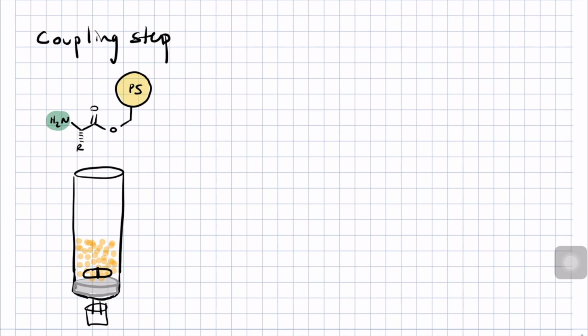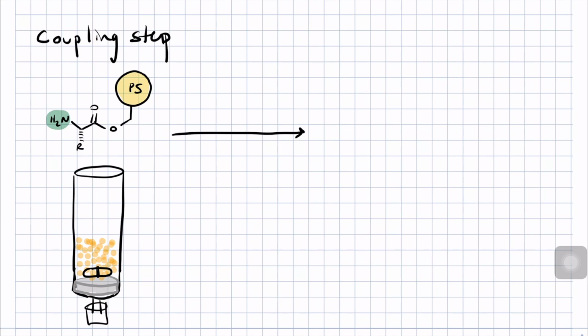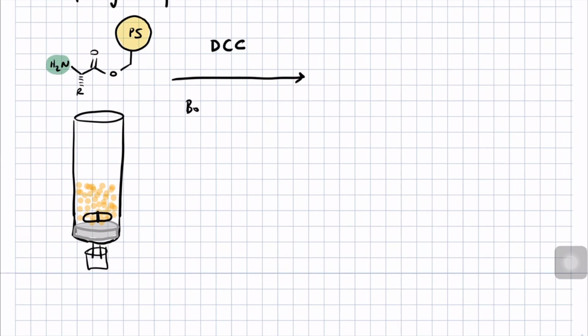And we're going to use the amide bond coupling conditions, the same ones we used in solution phase peptide synthesis. That is, we're still going to use DCC as our coupling reagent to make the amide bond. And we're still going to use a Boc protected amino acid. Whatever side chain we want, we can use. The Boc protected amino acids you can either prepare yourself, or what we usually do now is buy them because you can get them for cheap.